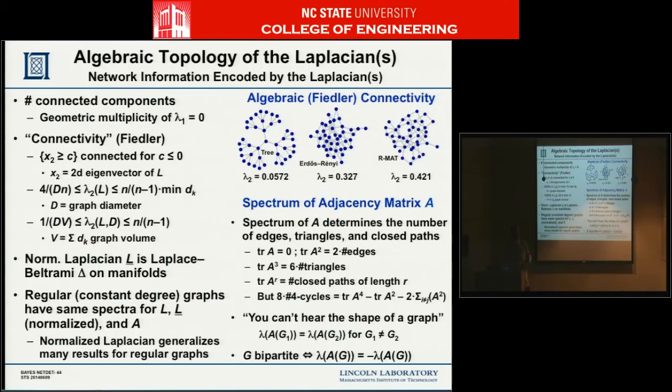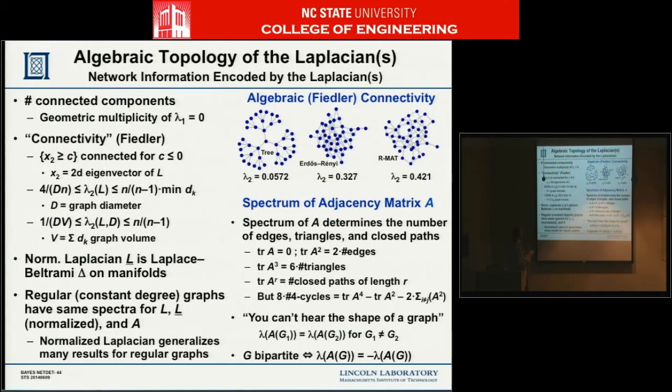If you have one component, then there's one of these. If you have two, and this is easy to show. The connectivity is also encoded with the so-called Fiedler value, and this is what I talked about before. If you threshold this eigenvector, then you're guaranteed to get a connected graph.